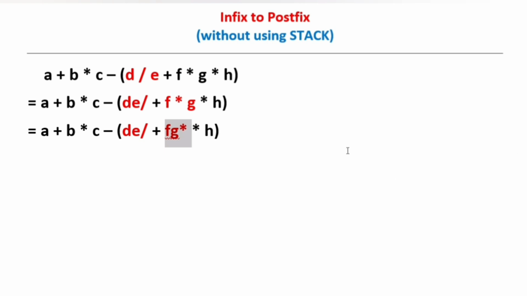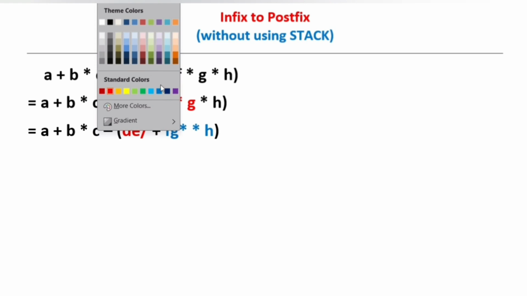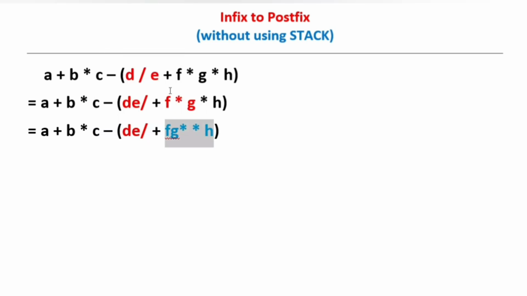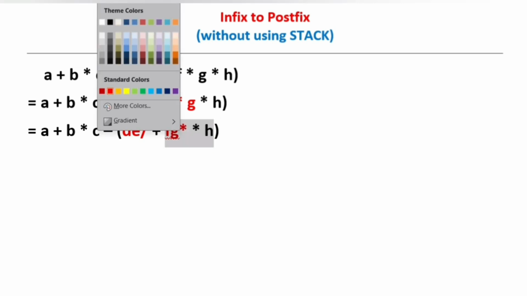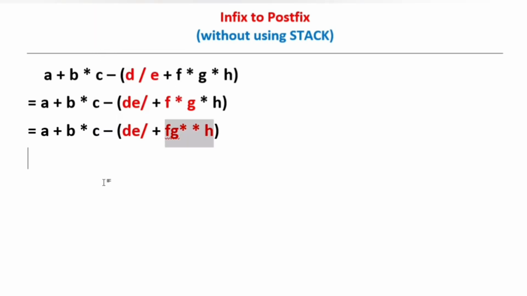Now we will convert from here to here. This part will convert into the postfix, FG multiply H. I'm marking it with another color, and the rest of the part will be as it is.